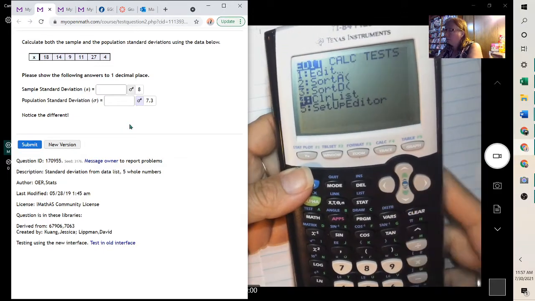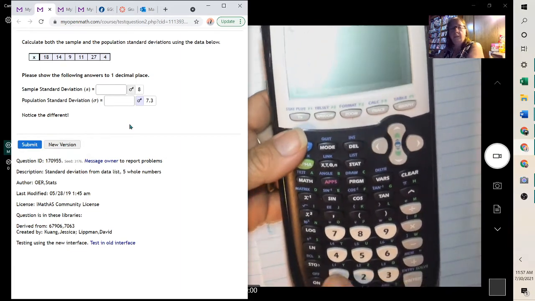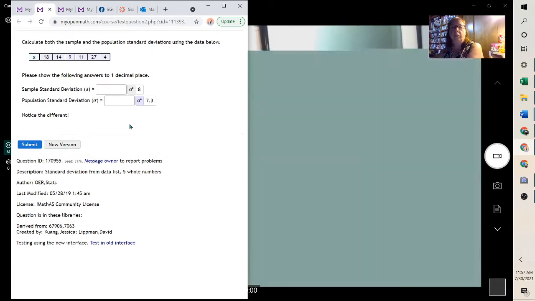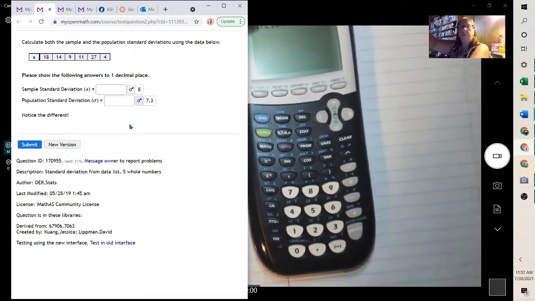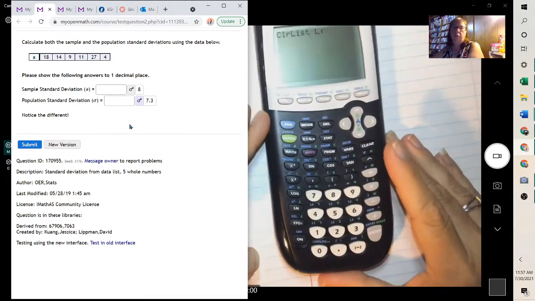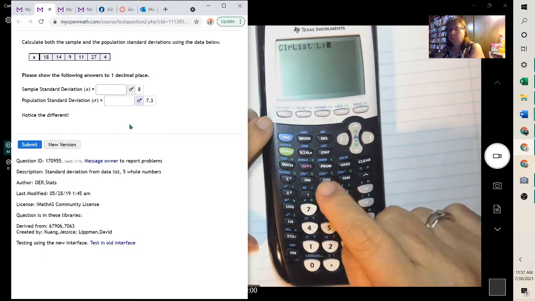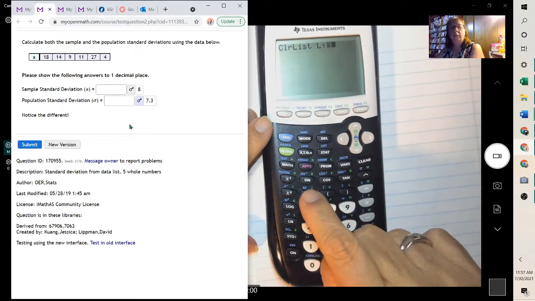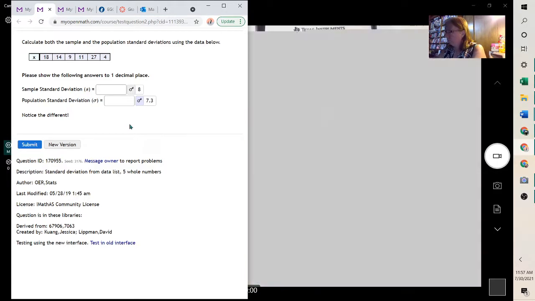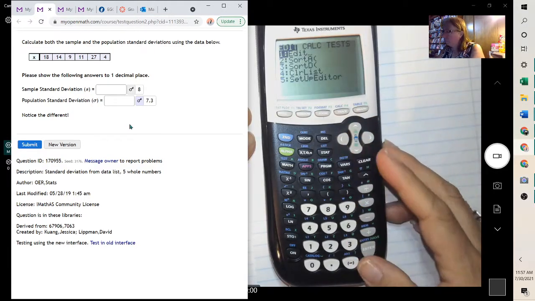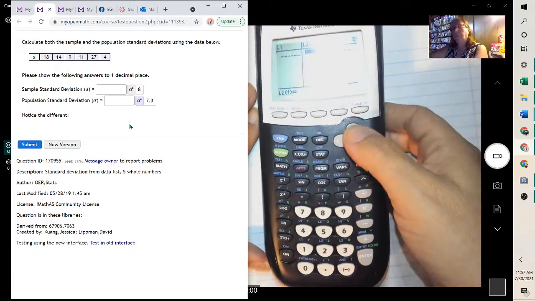So you go down to clear list, and then it's L1, so second L1, comma right here, and second L2, and that's going to clear my list. So now there's nothing in the list.